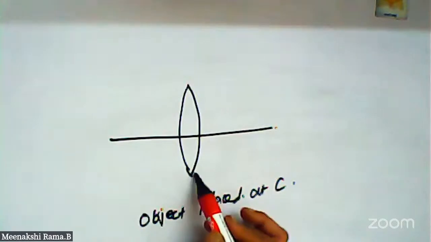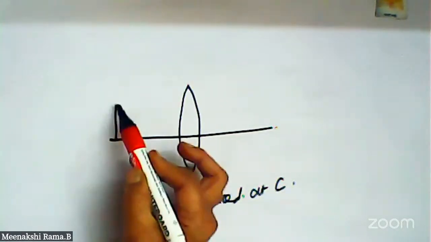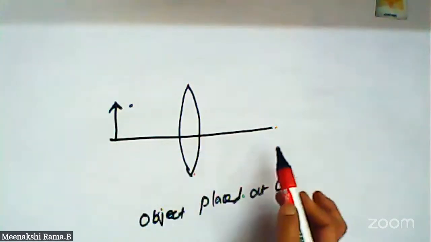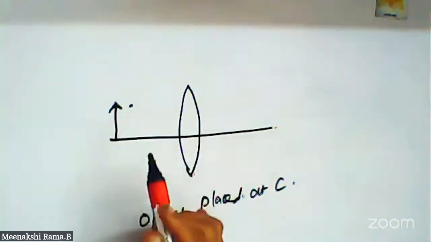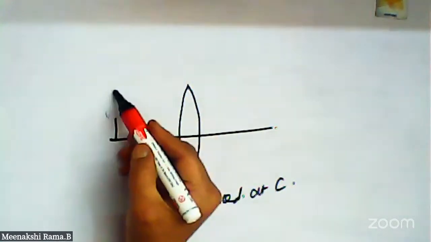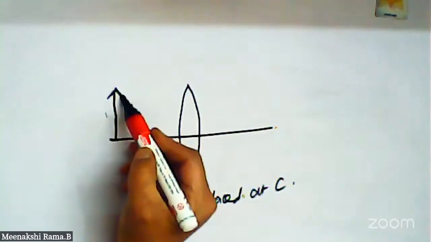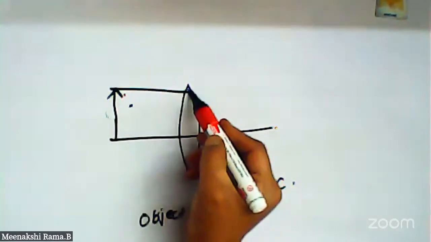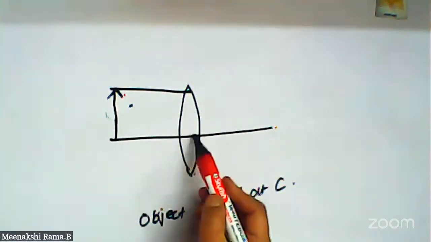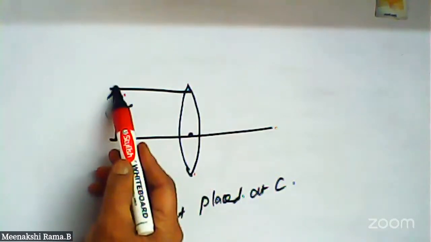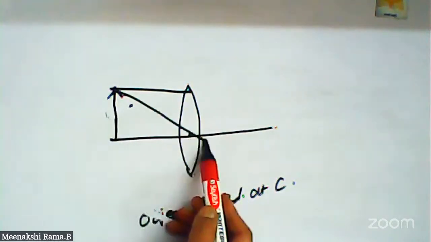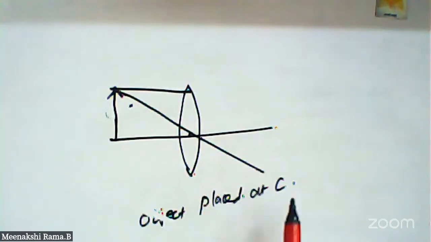Okay, so this is the lens. The light is passed through here. This is the center point. The light is passed here.